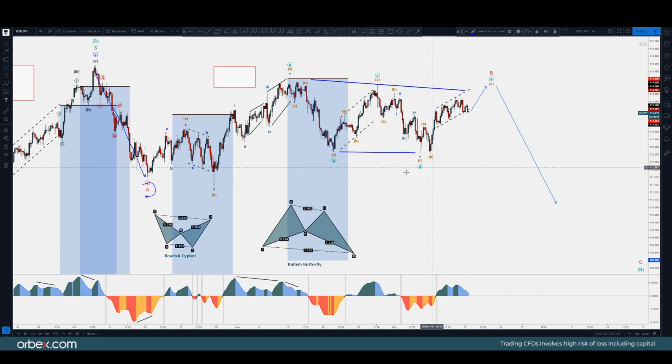I'm labeling it as an ABC for this first swing of the total of 5 swings A, B, C, D, E within the contracting triangle in minor B, with subwaves A, B, C, D, E turquoise. All five swings form a three-swing sequence, and it looks like a descending, contracting triangle.